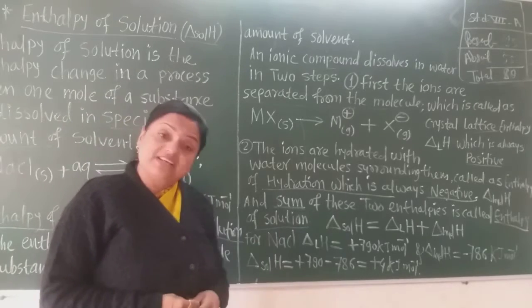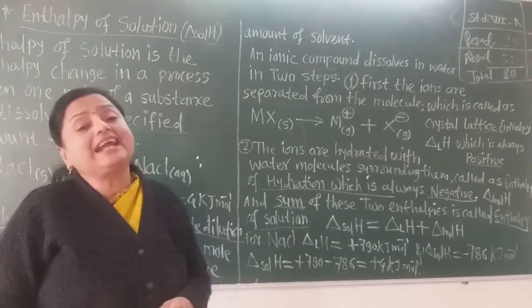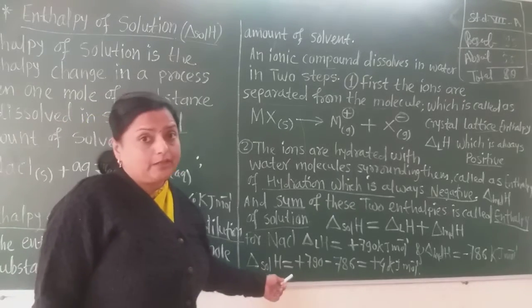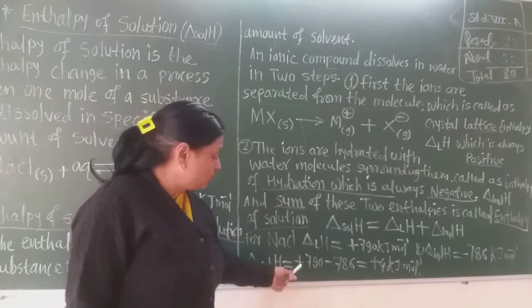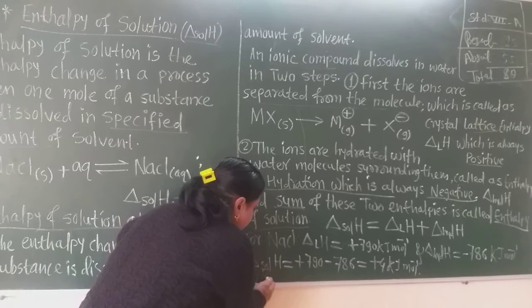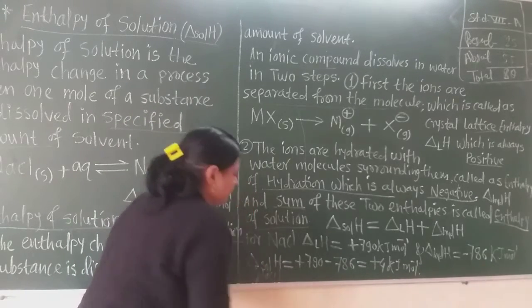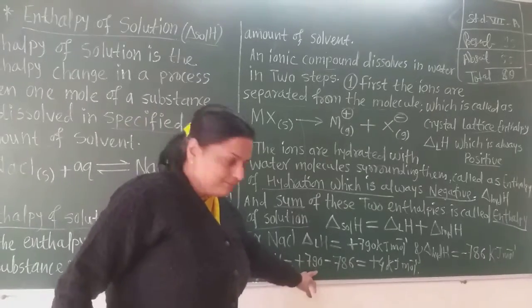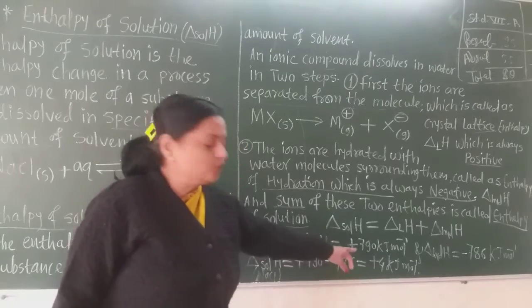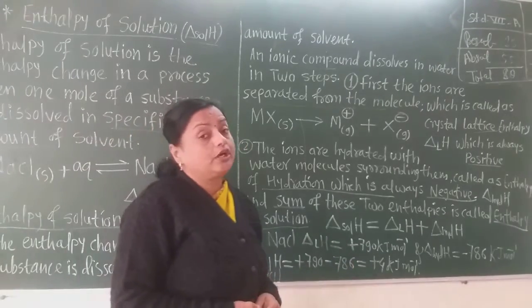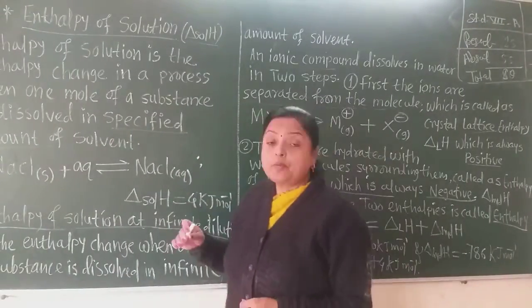We know that it is always negative. When we add these two, we obtain the enthalpy of solution for NaCl. So delta solution H for NaCl is equal to plus 790 minus 786, and the sum is plus 4 kilojoule per mole. In this way, students, we obtain the enthalpy of solution.